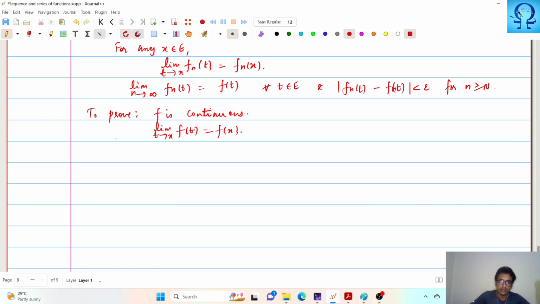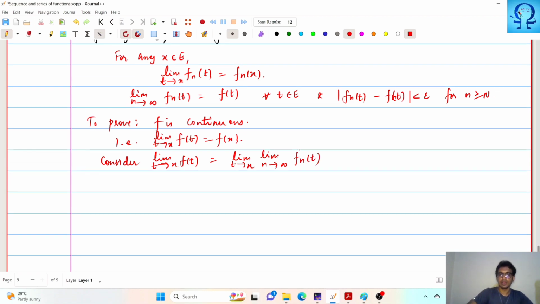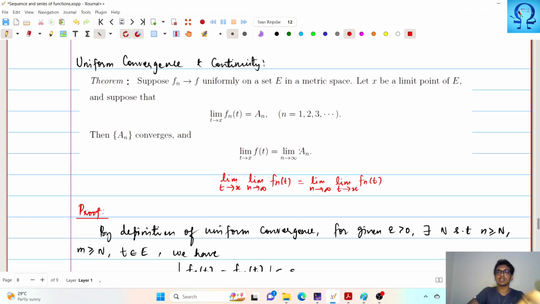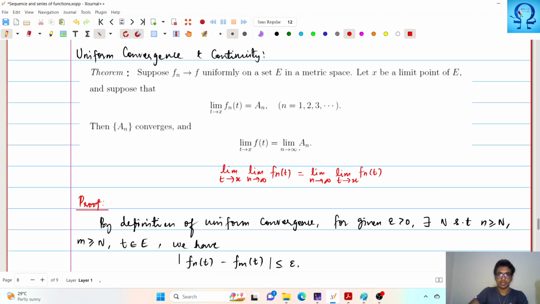Now consider limit t approaches x, f of t. But what is f of t? It is limit n approaches infinity fn of t. We just have proved that if the convergence is uniform, then the limits can be interchanged, right?